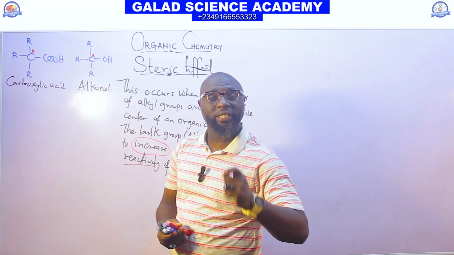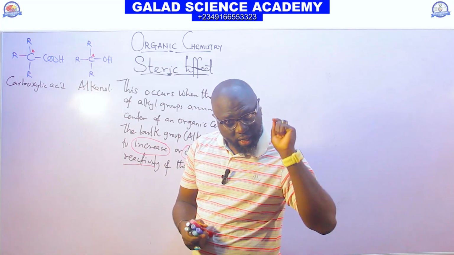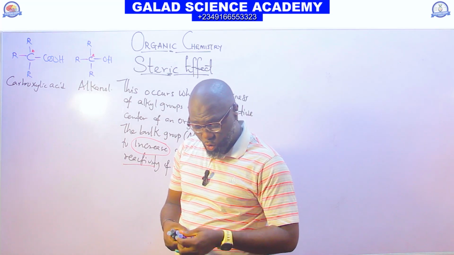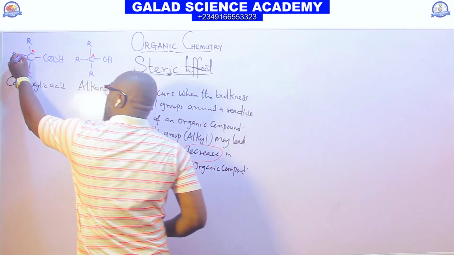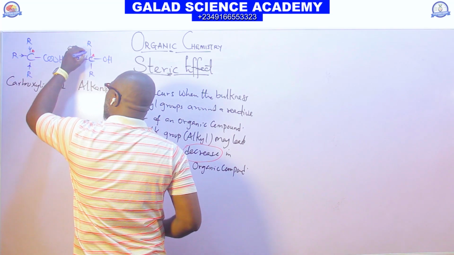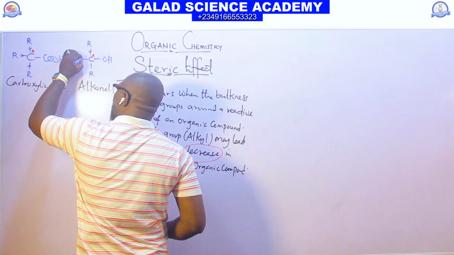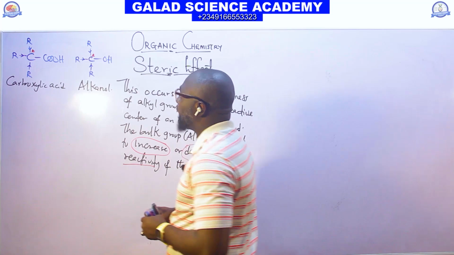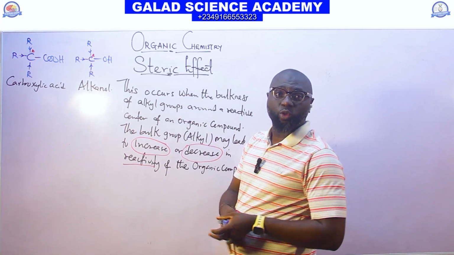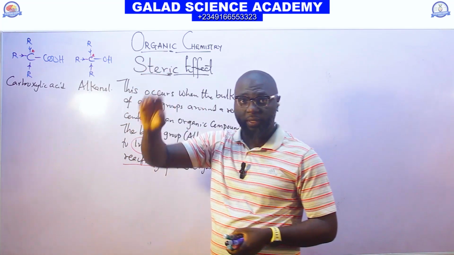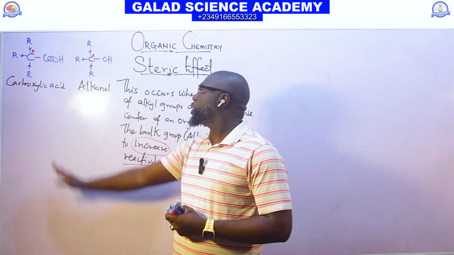And note that the alkyl groups are electron releasing, electron donating groups. So we can put this arrow here. What is the meaning of that arrow? Under inductive effect, there are positive inductive effects, so they release electrons to the carbon atom.